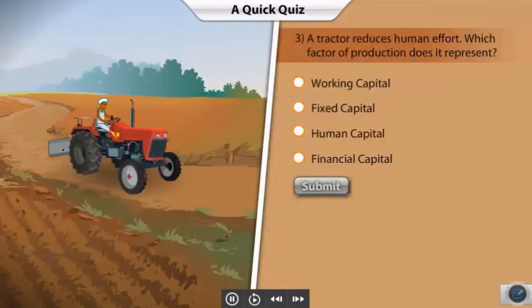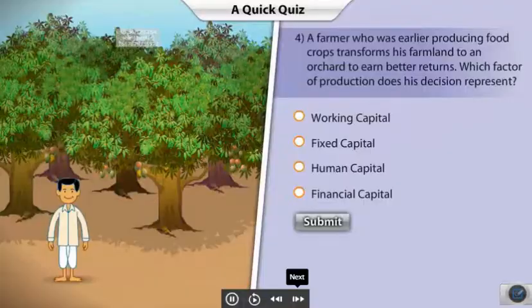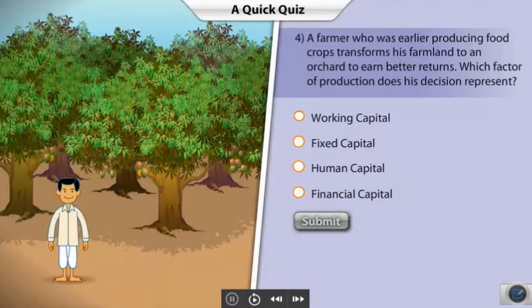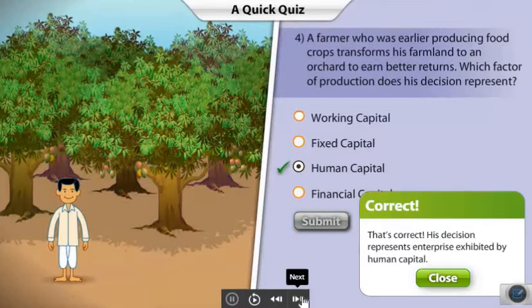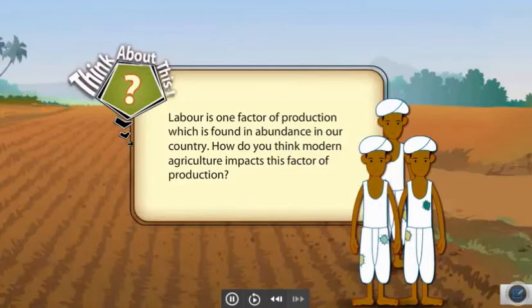A tractor reduces human effort. Which factor of production does it represent? A farmer who was earlier producing food crops transforms his farmland to an orchard to earn better returns. Which factor of production does his decision represent? Think about this and discuss.